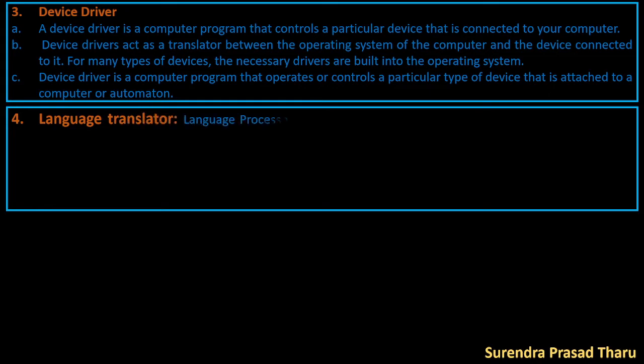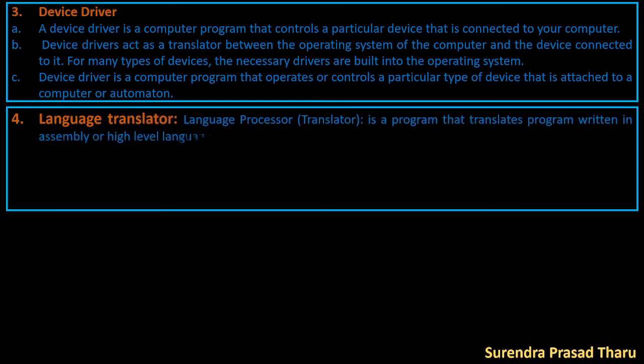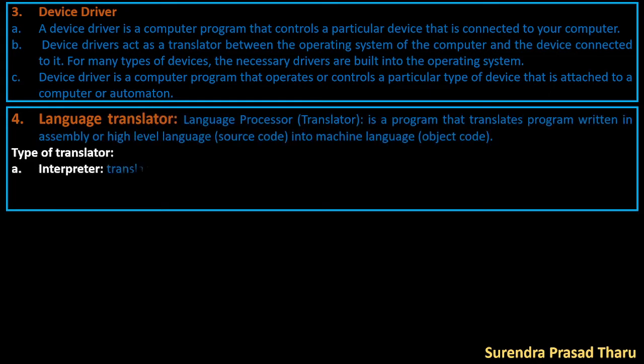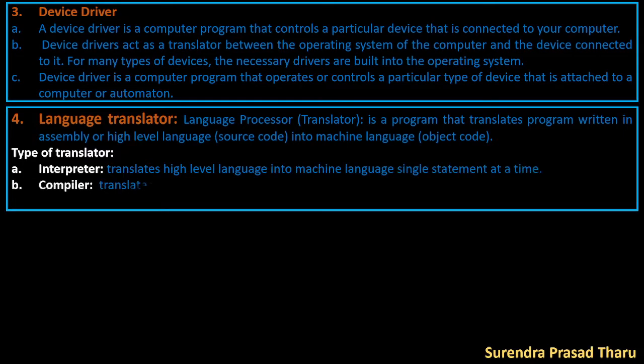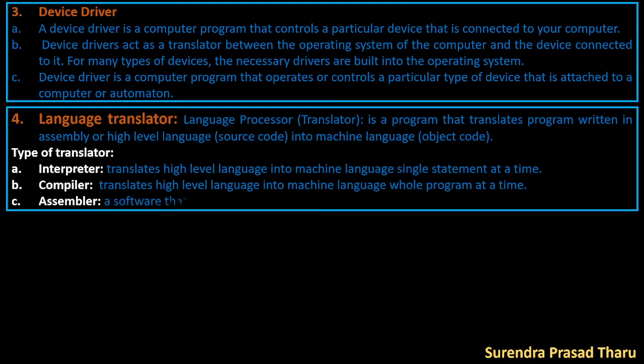Now, language translator. We know that a computer can understand only binary digits or machine level language. Machine level language is very difficult for us. Although we can learn it, it's really tough to learn, understand, and remember all the different codes.